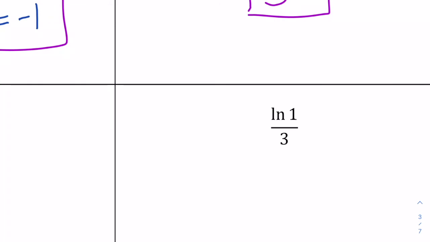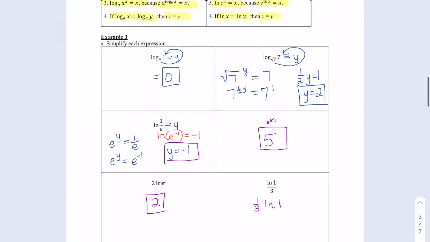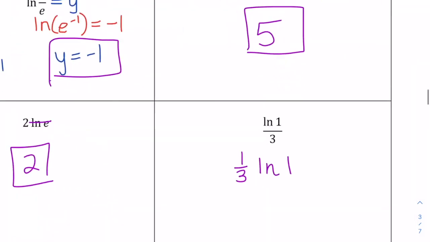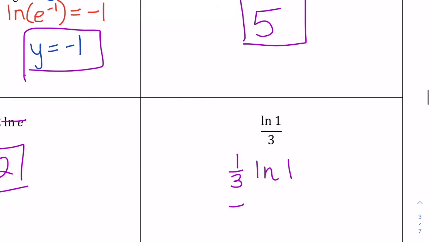Now natural log of 1 over 3, that's going to be 1/3 natural log of 1. Well, we know natural log of 1 is an identity. So natural log of 1 is just going to equal 0. So 1/3 times 0 is just 0. So this will equal 0.